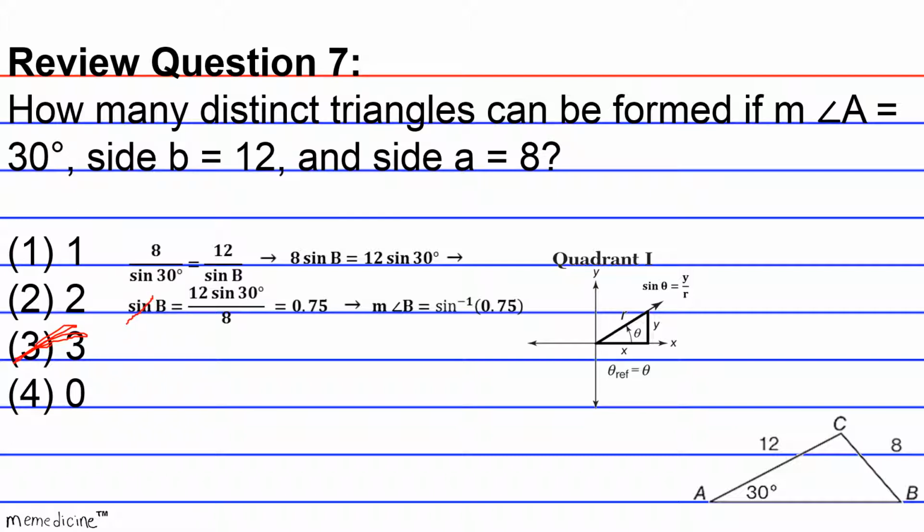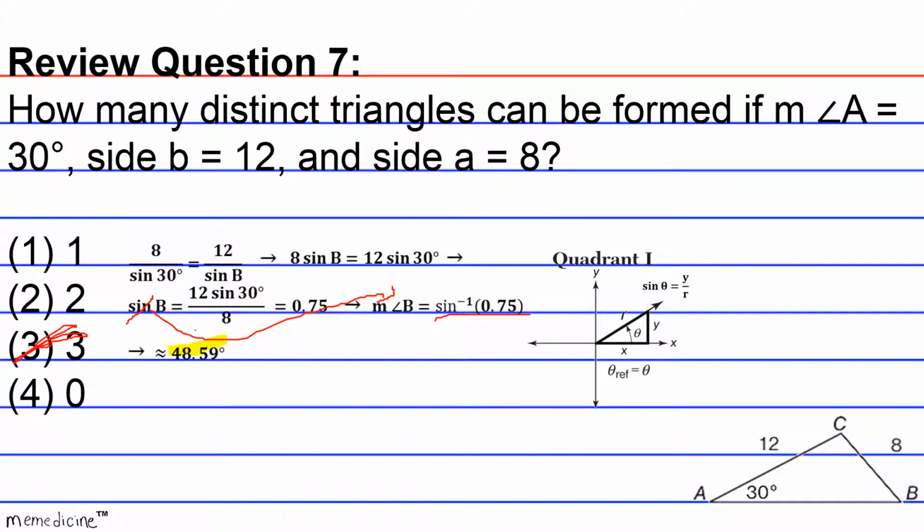This gets undone and it leads us over here to b, or you can denote this, the measure of angle b is equivalent to the inverse sine of 0.75, and from there what we're going to get is the reference angle, or the acute angle, 48.59 degrees. Okay, let's just highlight that really quickly.